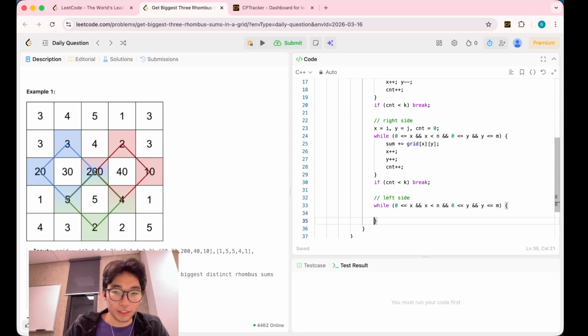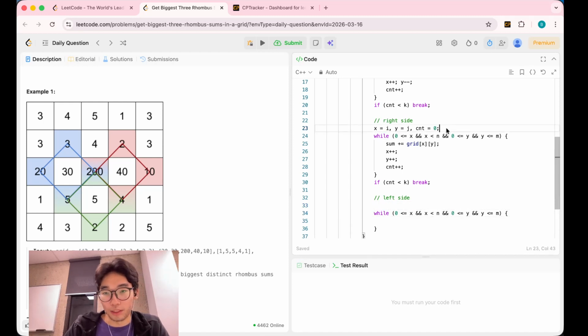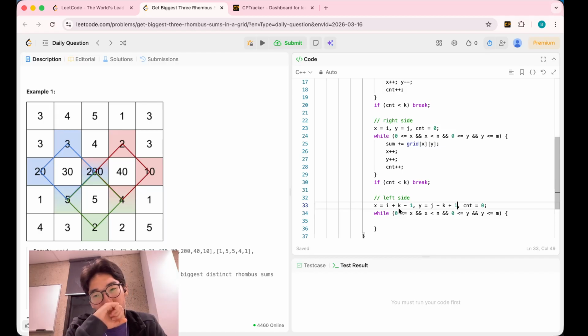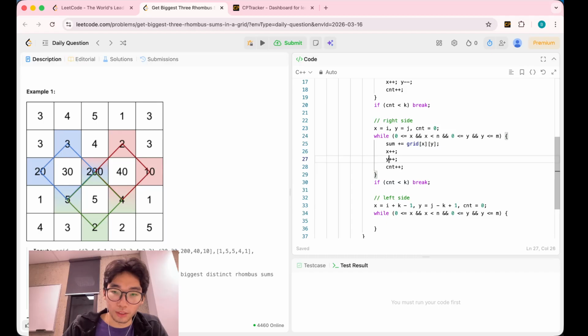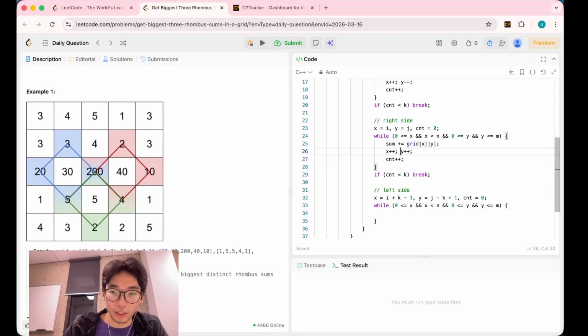The difference is the starting point is a bit different. x is i plus k minus 1 and y is j plus k minus 1. Yeah, this is the one. Also doing the same thing here.